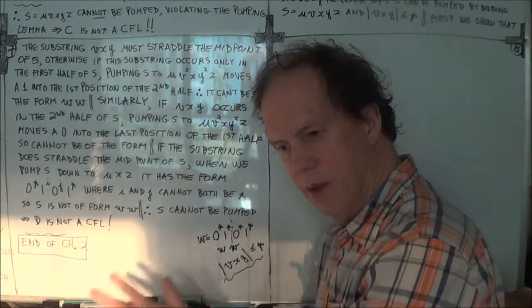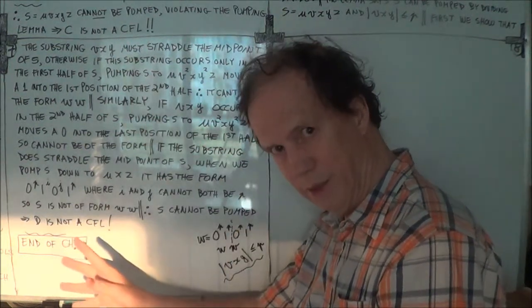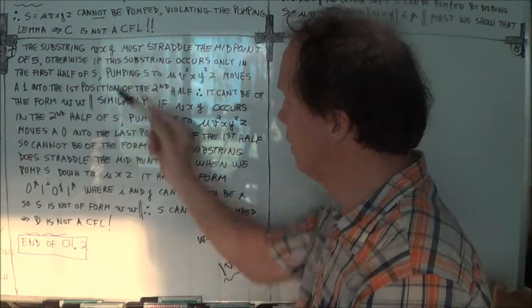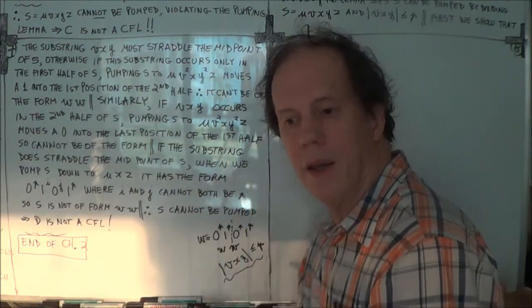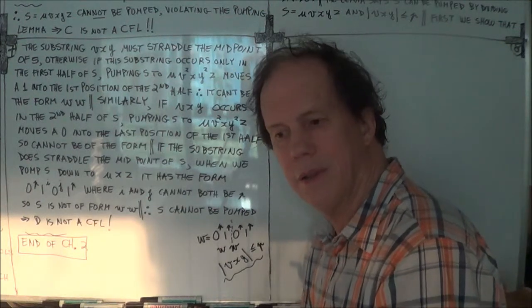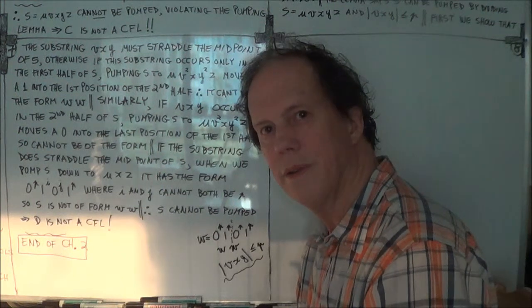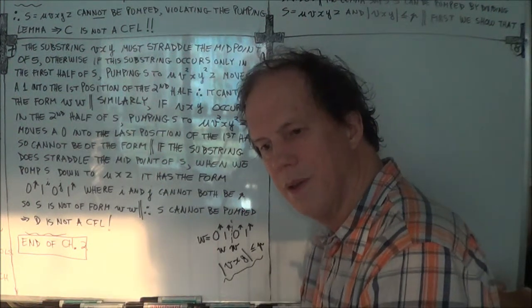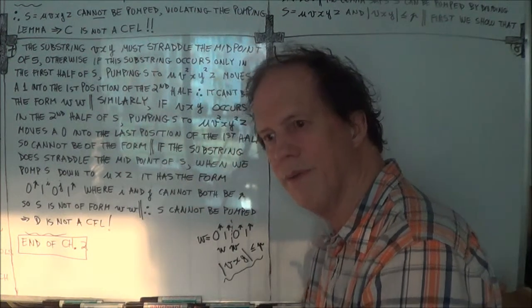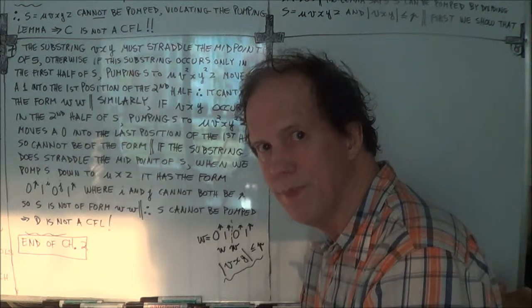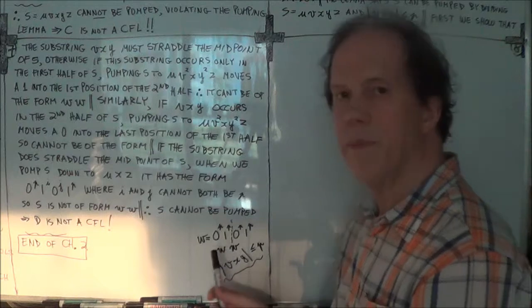So we've excluded the possibility that this could lie totally in the left half. We've excluded the possibility that this substring lies totally in the right half. And that only leaves one possibility: that this substring lies over, straddles the center, the middle of the string S. Because if it doesn't, we get unpumpable strings.